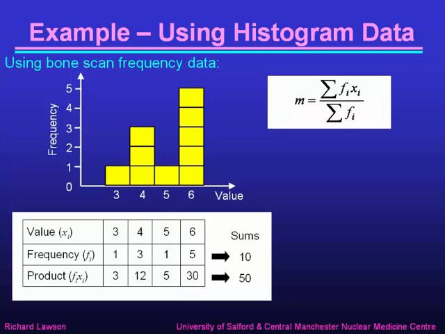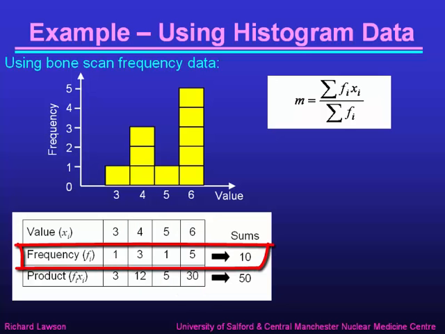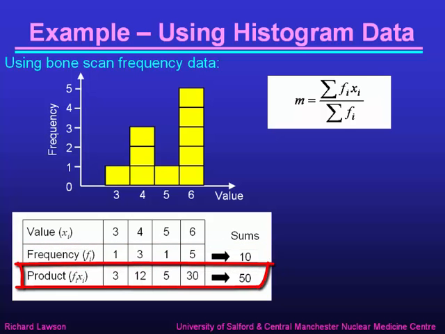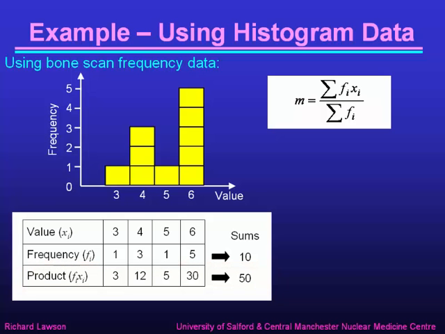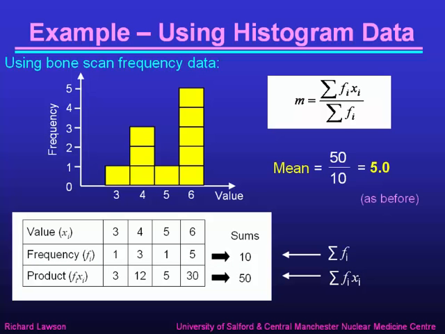Now if we add those up, the sum of the frequencies, 1 plus 3 plus 1 plus 5, adds up to 10, and the sum of the products, 3 plus 12 plus 5 plus 30, adds up to 50. So the formula says we have to divide sigma fi xi, which is 50, by sigma fi, which is 10. 50 divided by 10 is 5.0, giving us exactly the same answer as we had when we used the individual measurements, as you would expect.